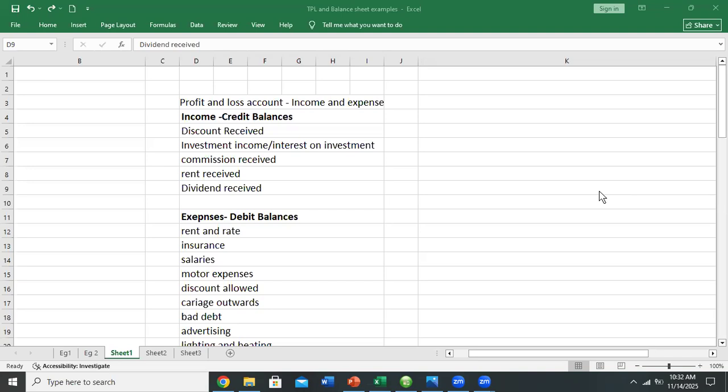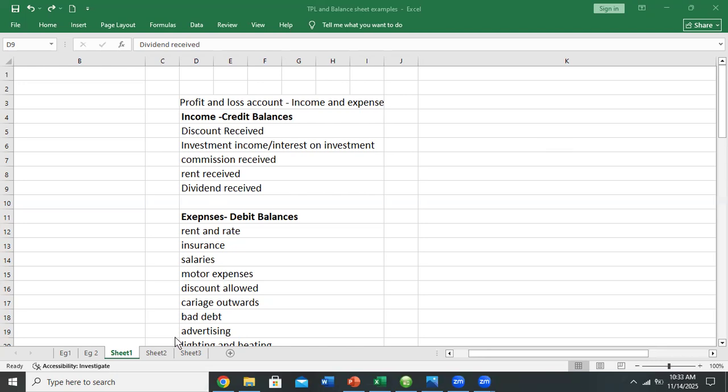Sir, in a company, maybe the shareholders, what they receive at the end of the year is called a dividend, sir. Okay. So dividend is also like an investment income or interest on investment, but the specific investment is shares. So when you invest in shares of a company, you receive that dividend, right? Okay. Thank you very much, profs.